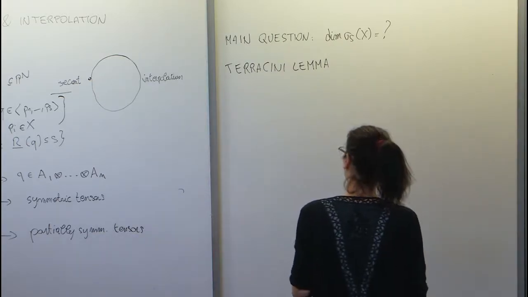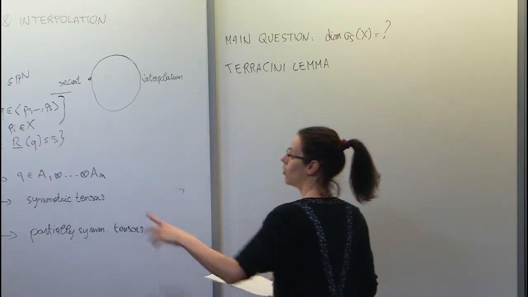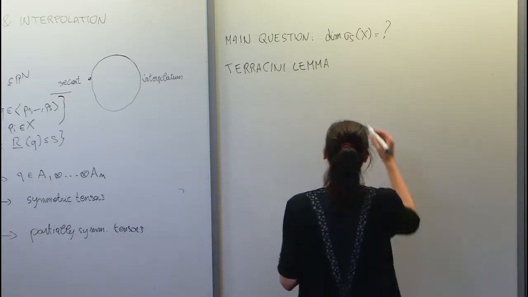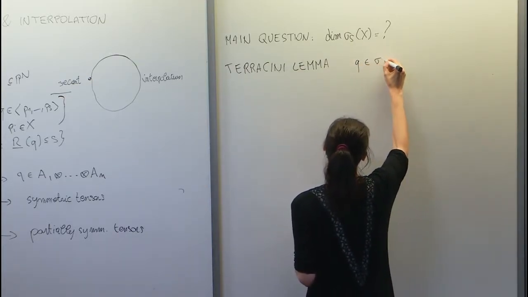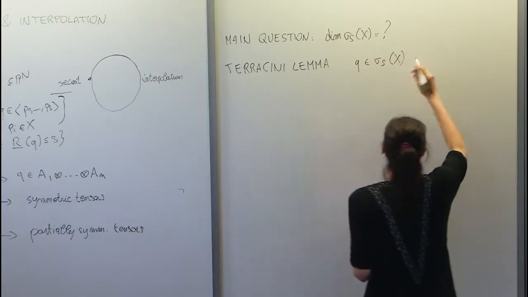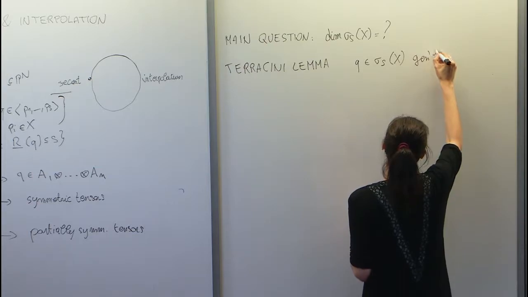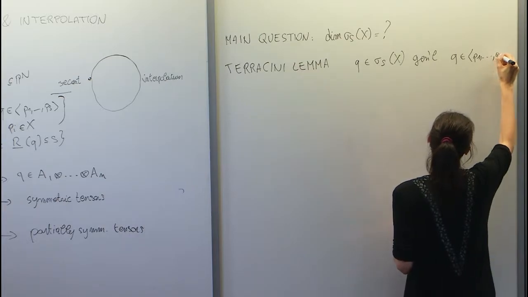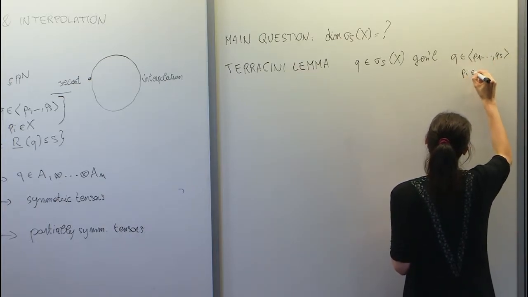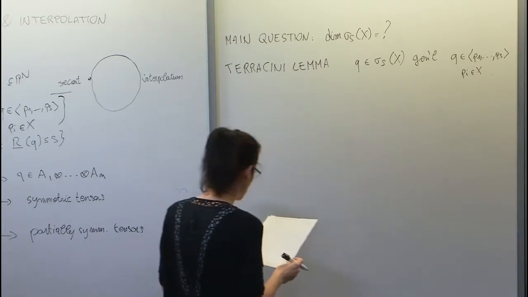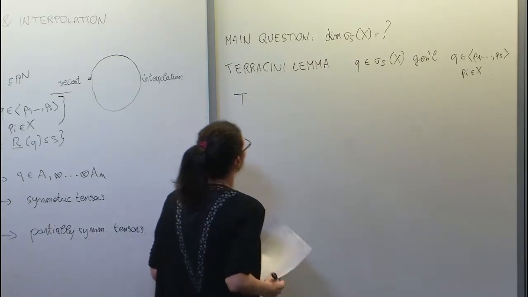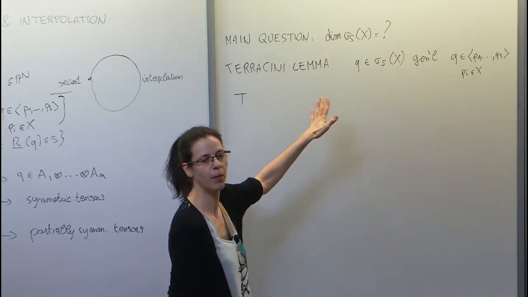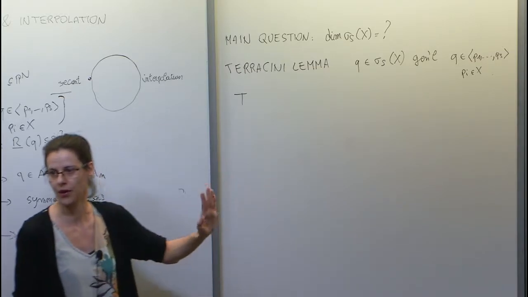So what does Terracini's lemma say? In the same notation as above, X is a non-degenerate projective variety in a projective space. Then I take a general point Q in sigma_S of X. So Q lives in the span of S points Pi in X. If I want to compute the dimension of this variety, I might as well take a smooth point and compute the dimension of the tangent space to that variety at that point.